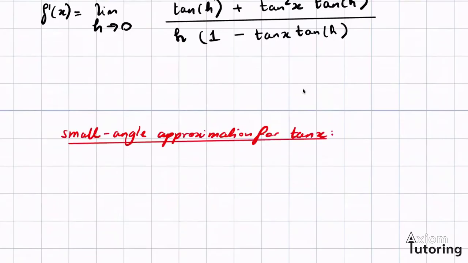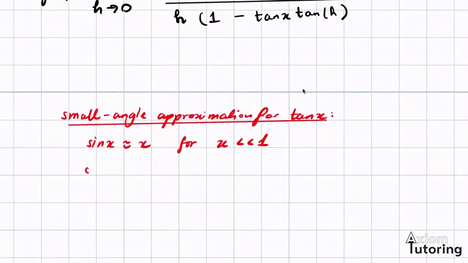Recall that sin x approximates to x for very small values of x, or very small angles, and we write it as x being much less than 1. And cos x approximates to 1 for very small values of x, and we write that as x being much less than 1.